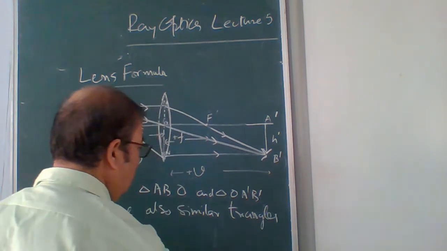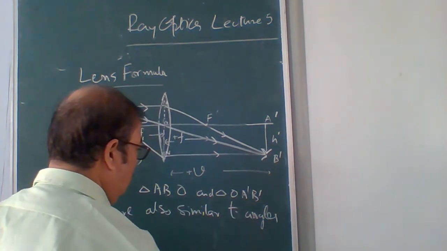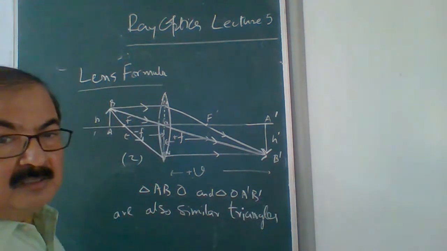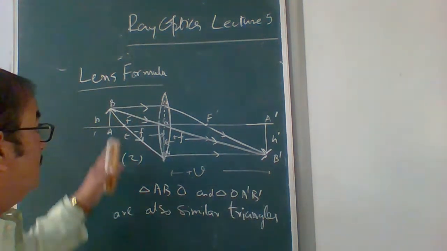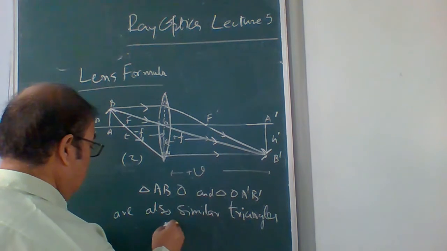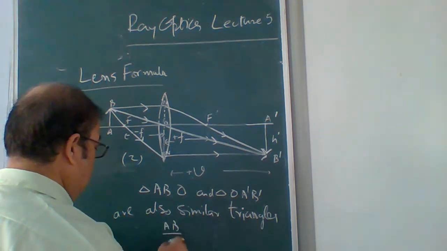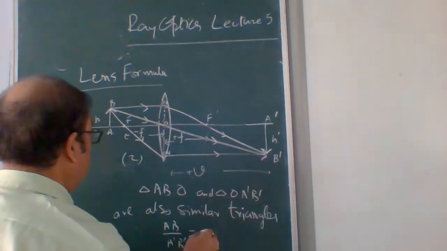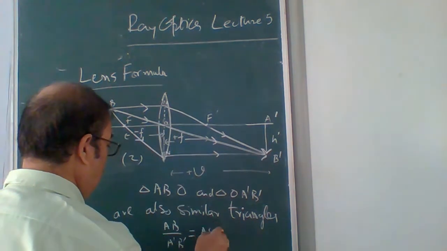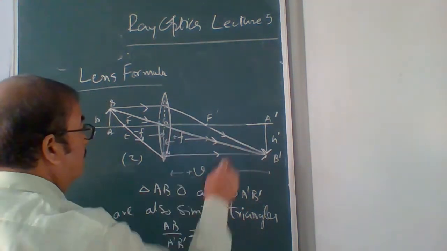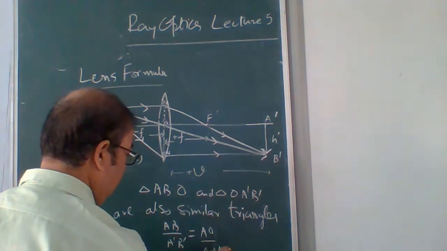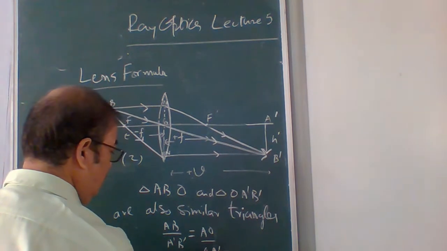They are also similar triangles. That means here also we have AB upon A'B' equal to AO upon OA'.